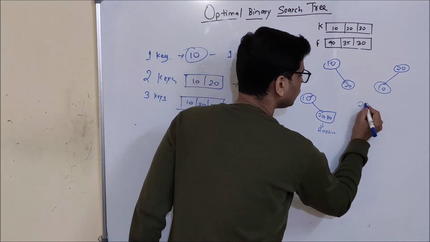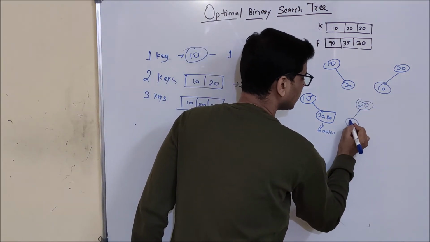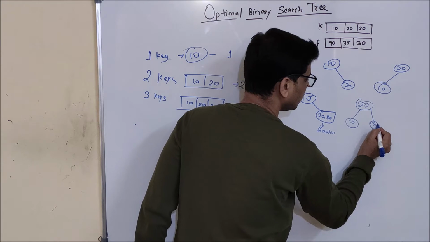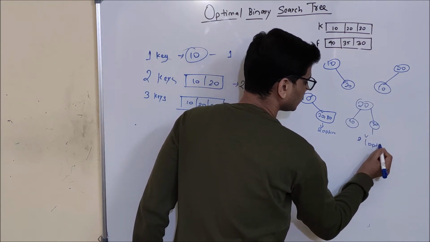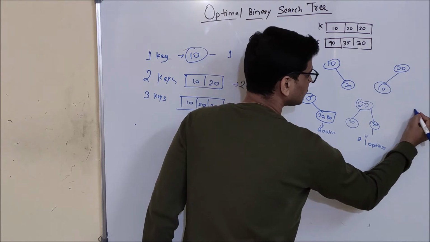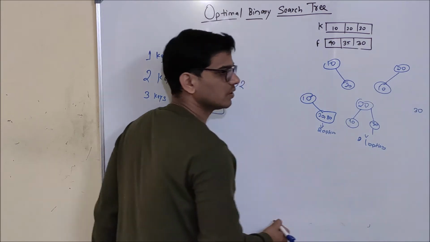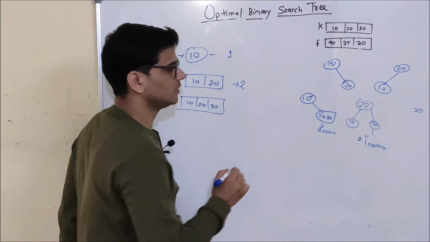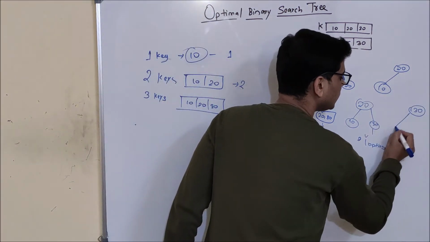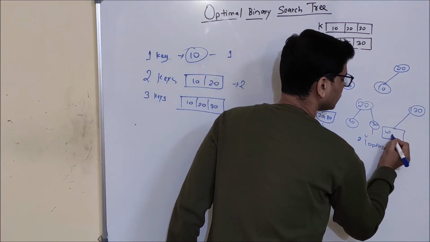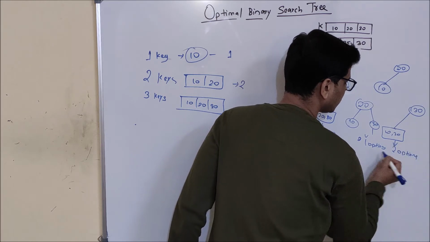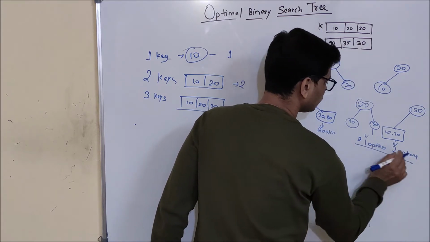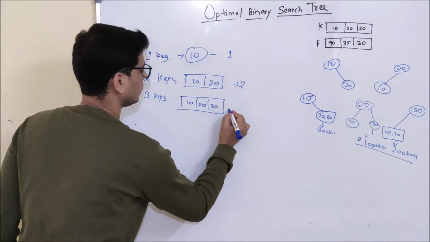When you make 20 root, 10 will come here and 30 will be here, so from here you will get only one option. Another option is that you make 30 root, then 10 and 20 will come here, so from here you will get 2 options. Total is 2 plus 1 plus 2, which is 5.